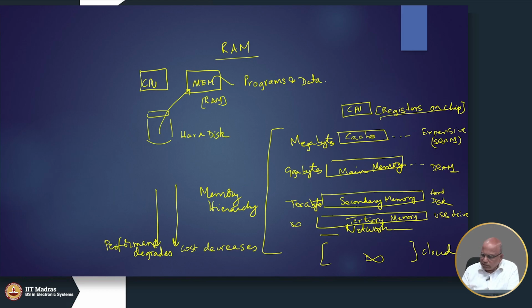But if you do not have it in the cache, you have to go and look for it in the main memory. And if it is not in the main memory, you have to look for it in the secondary memory. And if it is not in the secondary memory, maybe it is present somewhere in the tertiary memory or somewhere in the network. And performance degrades.